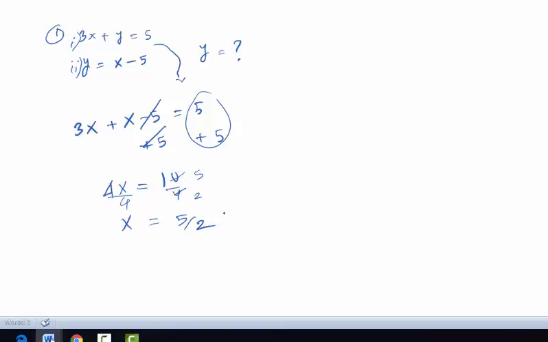Now since x equals 5 over 2, we can replace this back into equation number 1 or 2, either of them will work, but let's plug it into equation number 2, where y equals x minus 5. But x here equals 5 over 2, so replace 5 over 2 here, minus 5.